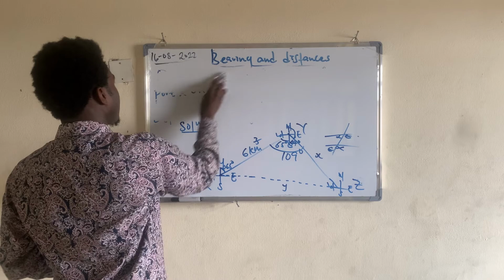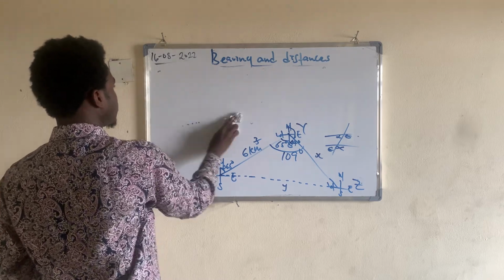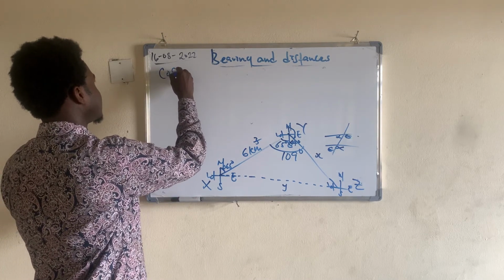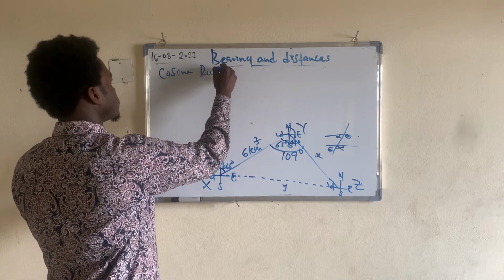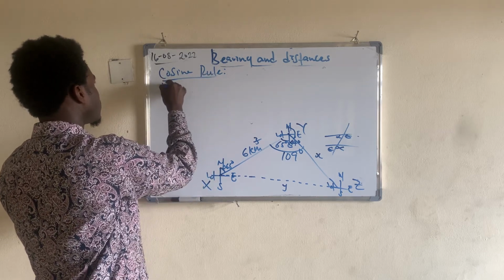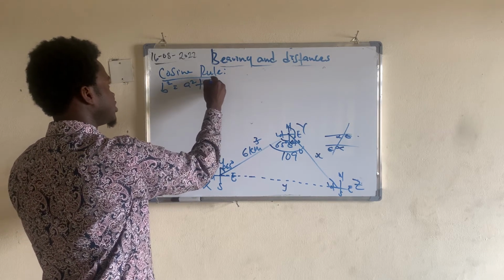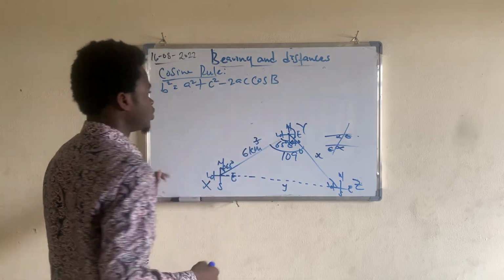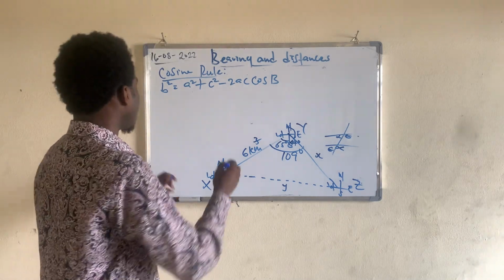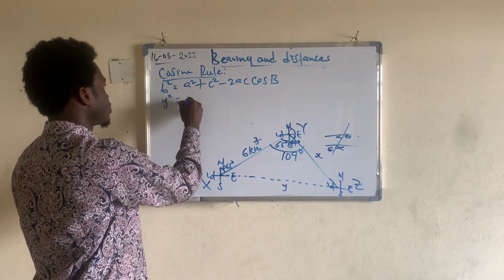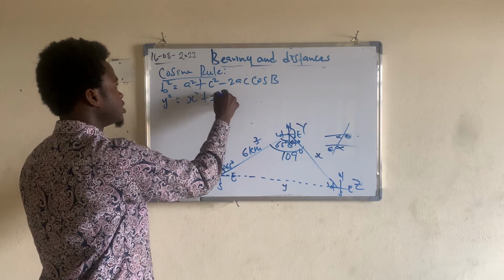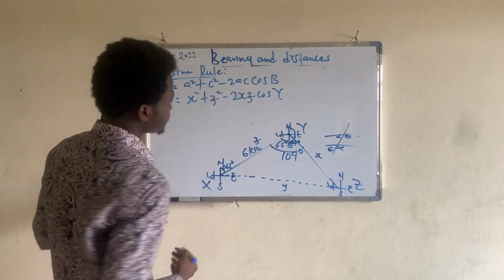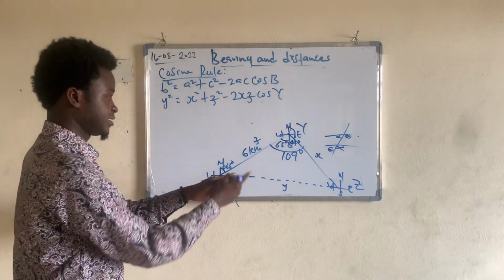Here we make use of our cosine rule. Our cosine rule states that b squared is equal to a squared plus c squared minus 2ac cosine B. So in terms of x, y, z, we have y squared is equal to x squared plus z squared minus 2xz cosine Y. So we substitute the side lengths.